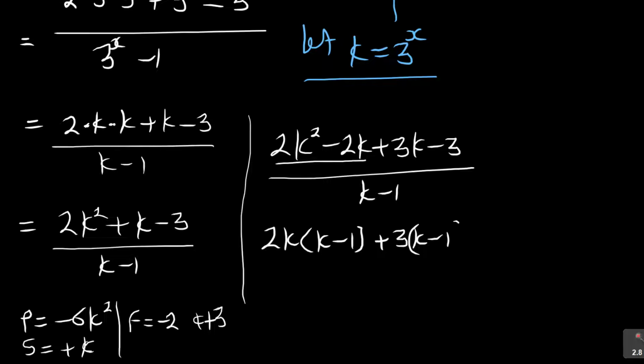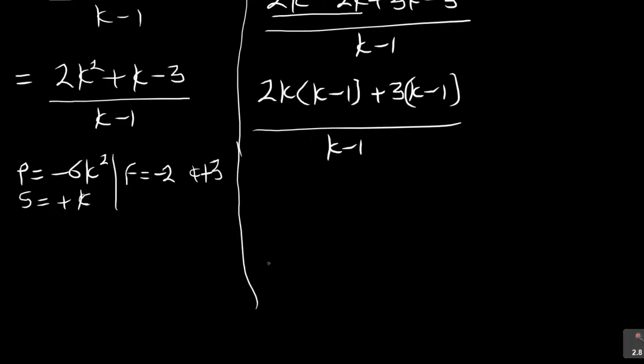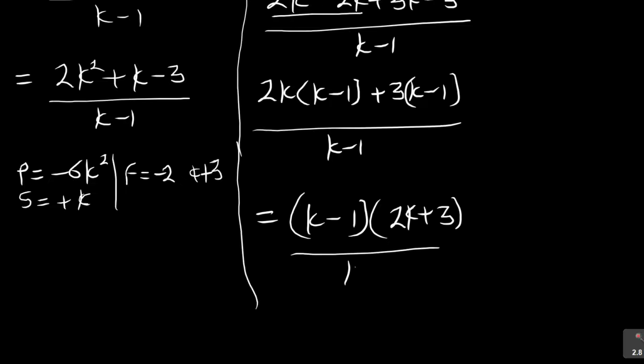You've got k minus 1 over k minus 1, and then this is equal to k minus 1 and 2k plus 3 over k minus 1. You see all that? Then that's where it wanted to lead to, so that this will go, and what you have got is 2k plus 3. So the answer is 2k plus 3.